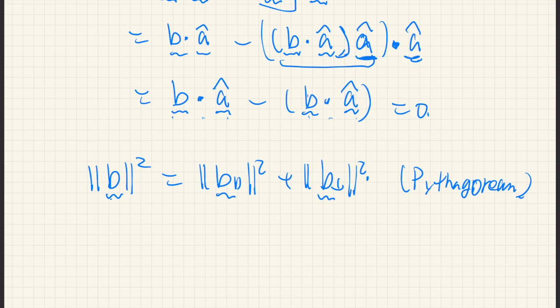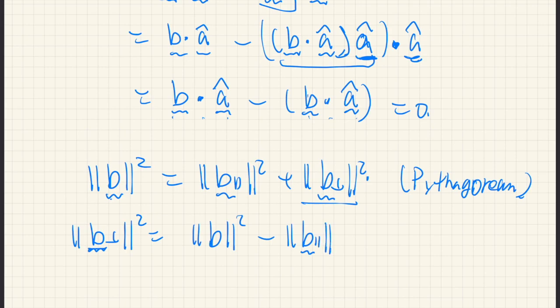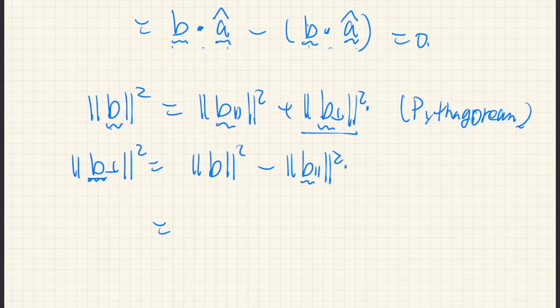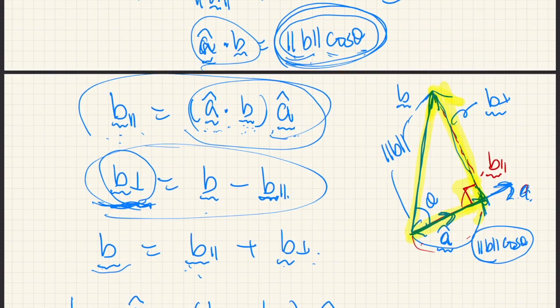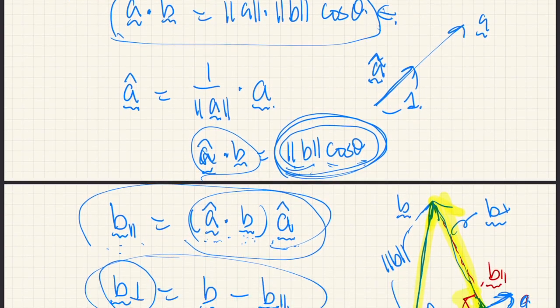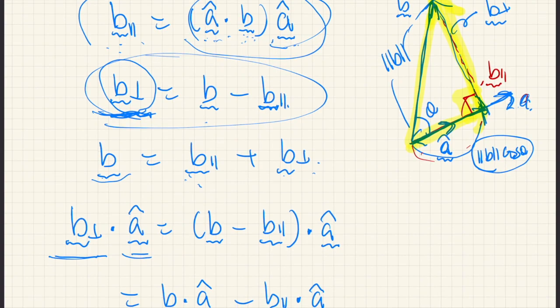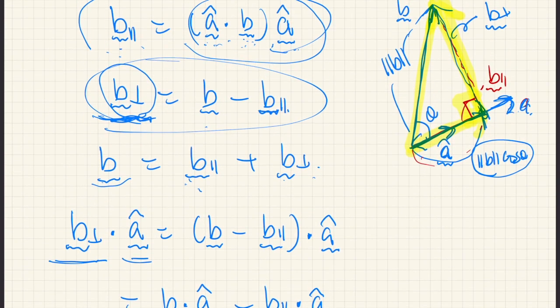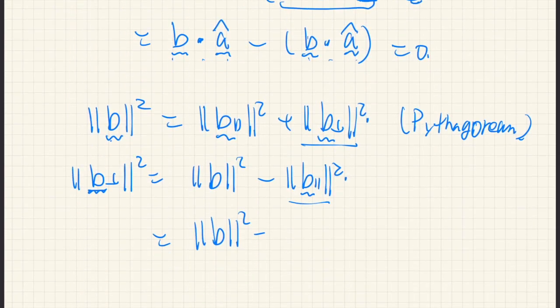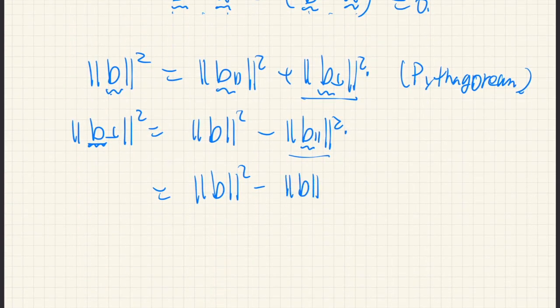From this equation we can calculate the length of B perpendicular. It is equal to B squared minus B parallel squared. Now the length of B parallel is this: the norm of B squared times cosine theta squared.